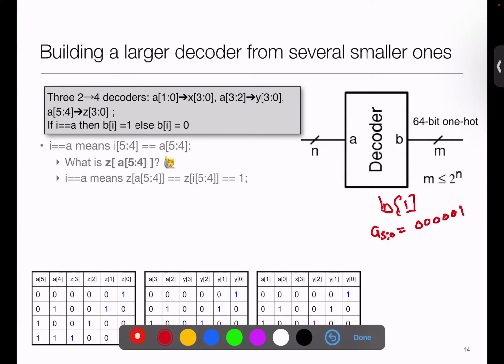And now we look at these groups of 2. The first one is saying A5, A4 is 0, 0. A5, A4 being 0, 0 means Z0 is high. So this is the same as saying Z0 is true. Next group being 0, 0 corresponds out here. So that means Y0 is true.